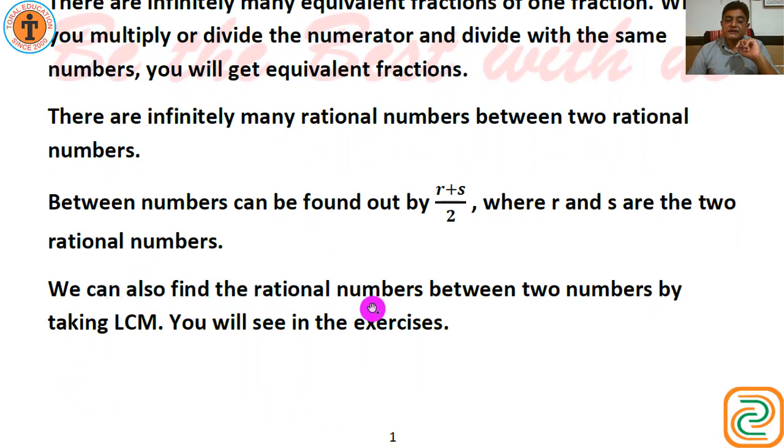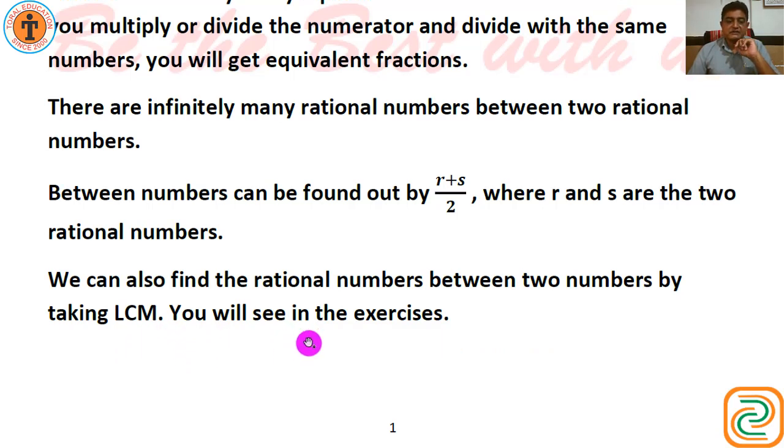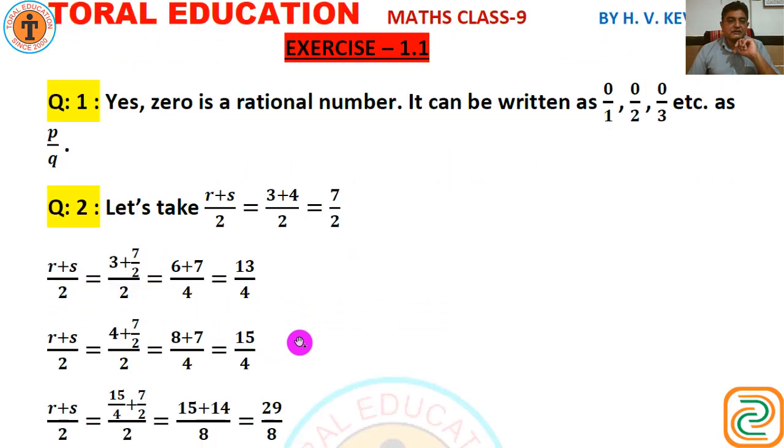We can also find rational numbers between two rational numbers by taking LCM. You will see this in the exercise. Look at exercise 1.1. Here are some questions. Is 0 a rational number?